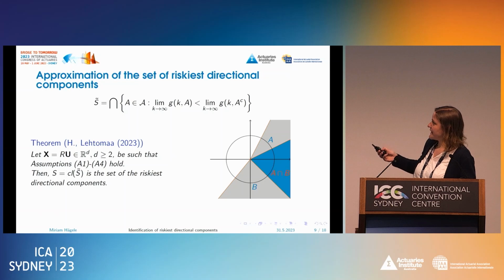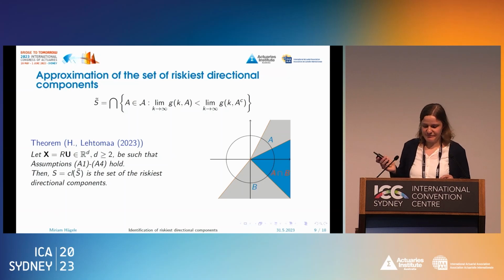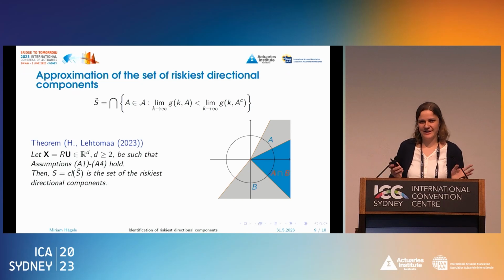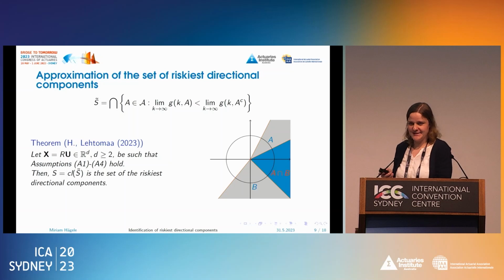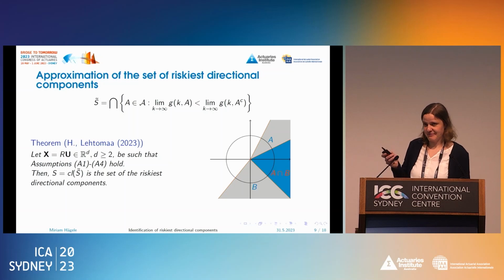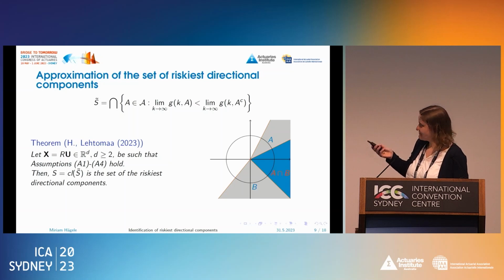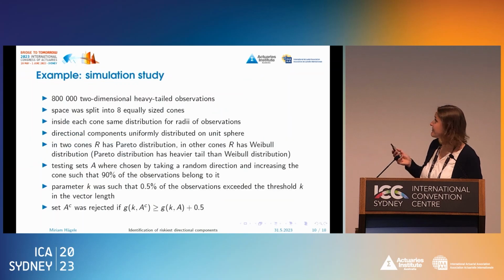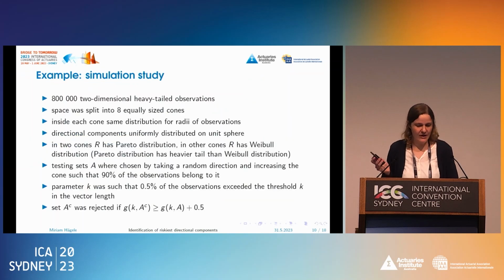So in the end what is left is only this A and B intersection. But in the theory we don't only use two testing sets, but more. So we take all kinds of testing sets. But this is simply what this theorem here says.